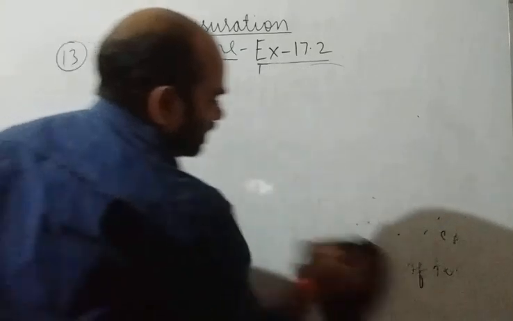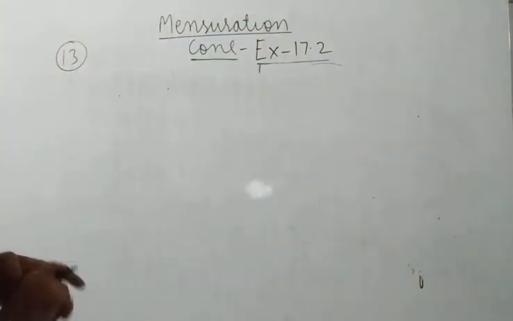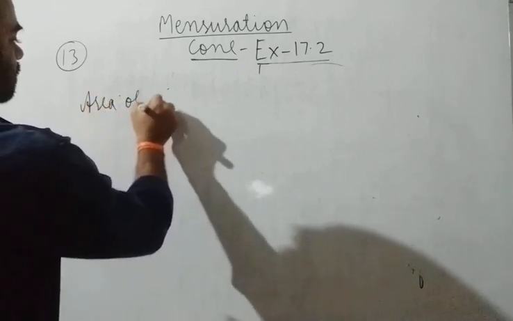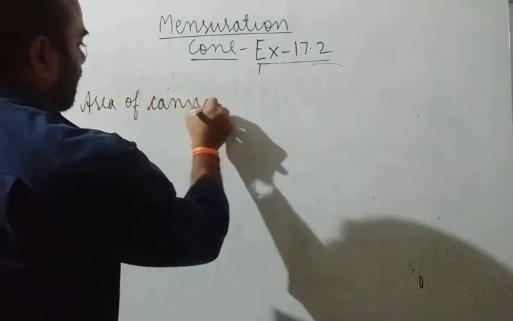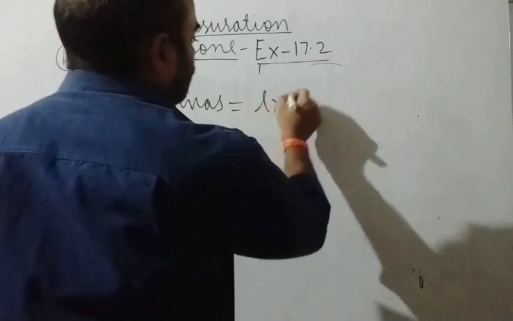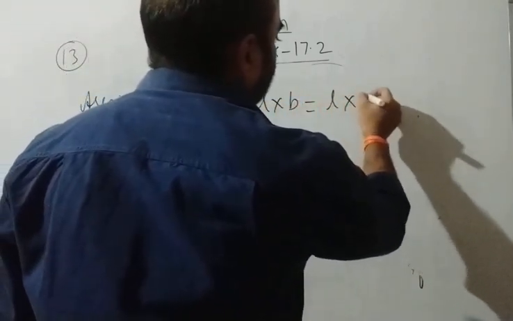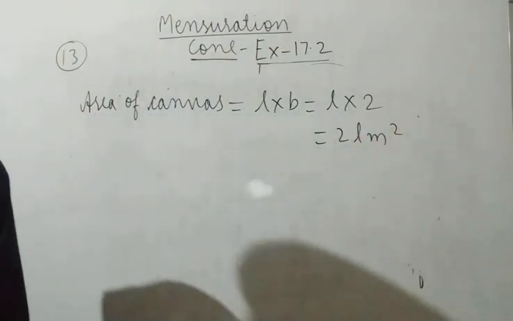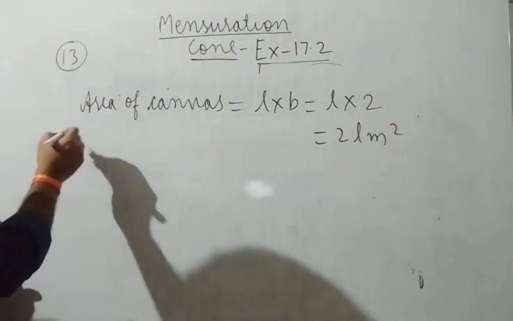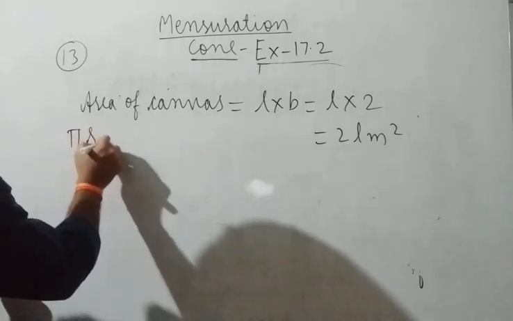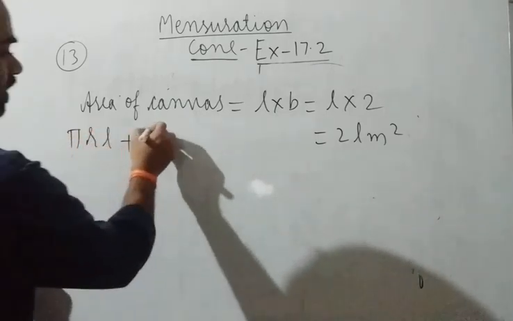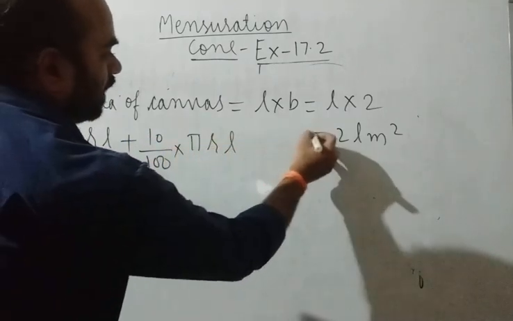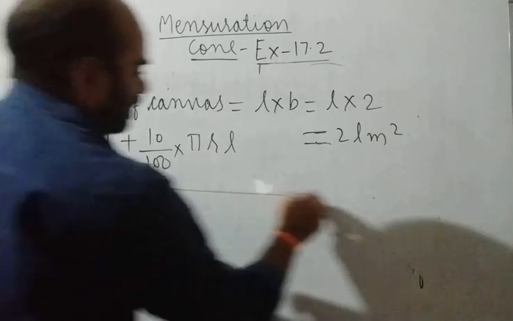So area of canvas, length into breadth. Length is not given, breadth is 2. So this is 2L meter square. Correct? So this will be equal to what? Pi r l, curved surface area, plus 10% of pi r l, and both will be equal. See this statement.